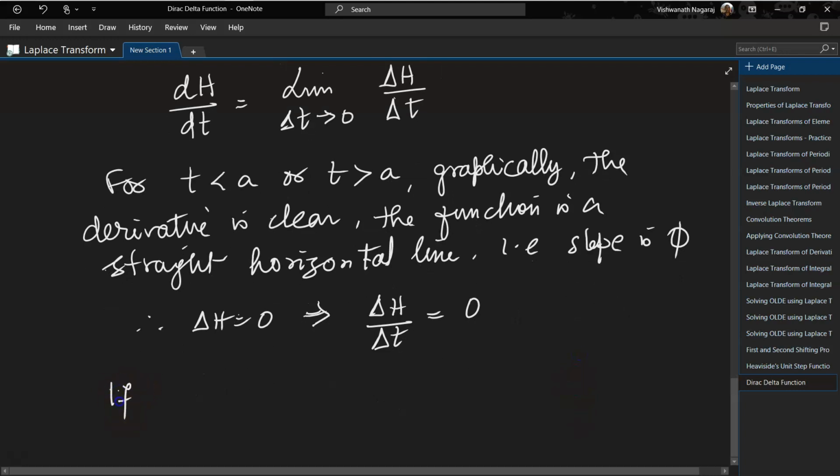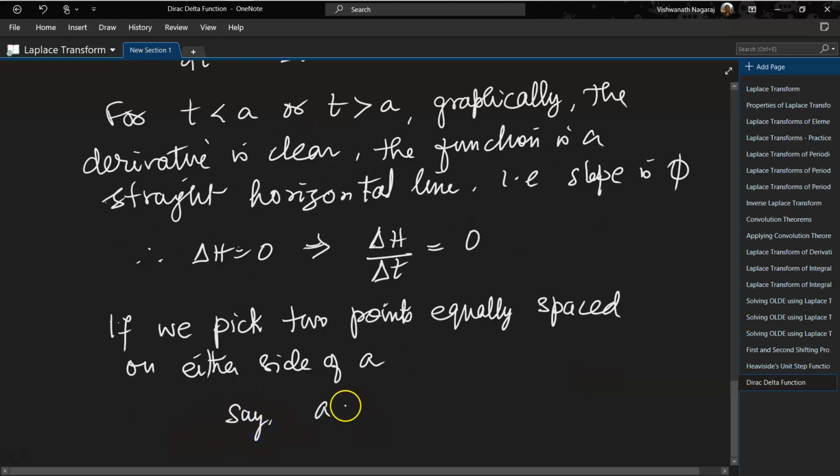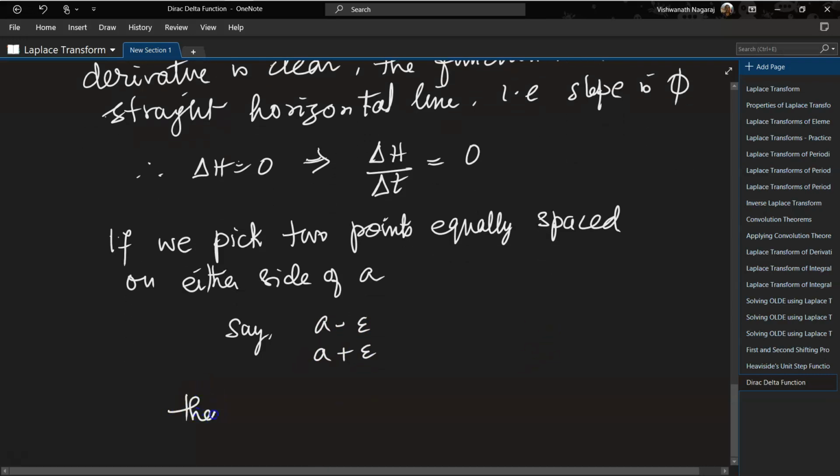Now, if we pick 2 points equally spaced on either side of a, say for example a minus epsilon and a plus epsilon, then delta h is equal to 1, and delta t is equal to a.